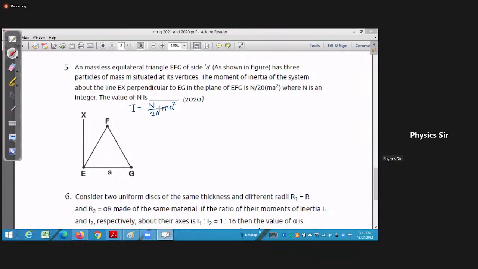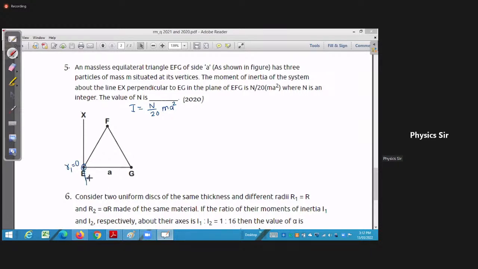The moment of inertia is mr square, right? So there is one mass at the point E. If I'm looking at the line EX, then this distance r1 for the mass m will be 0.